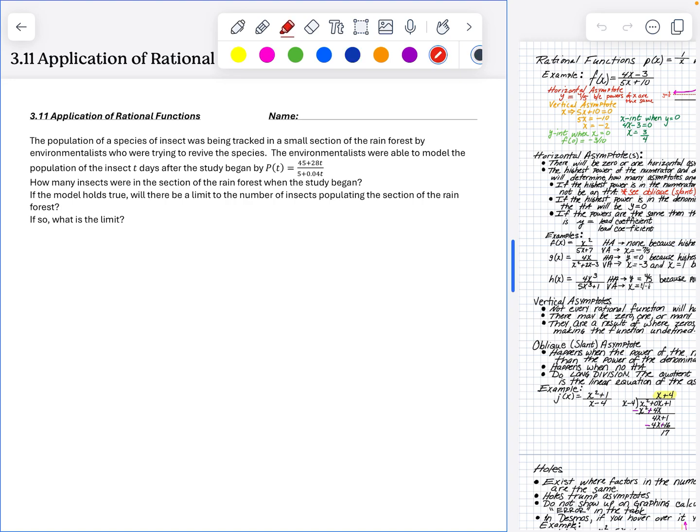A couple of things I want to point out first: it defines the variable t as days, so the horizontal axis represents days, because that's where the x-axis would normally be. So if we think about our axis system, here is the t-axis for time, and this is the p-axis for population.